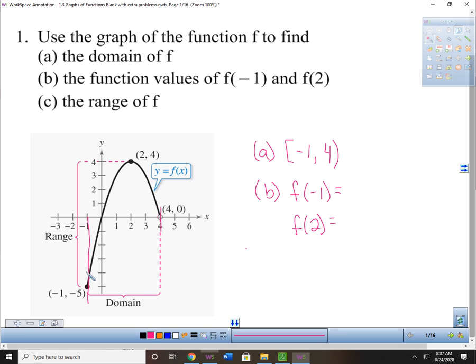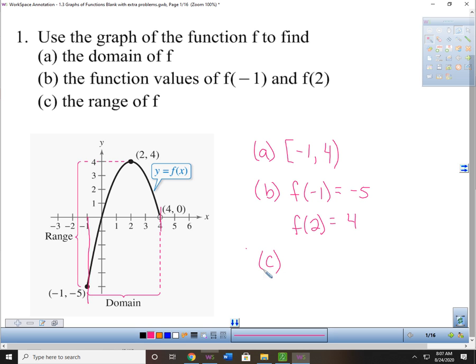I go to my graph, and the y value is -5. So that would equal -5. It's the same thing as if I had the equation for this, and I plugged in -1, I would get -5. Same thing for 2. When I go to my x value of 2, the y value is 4.